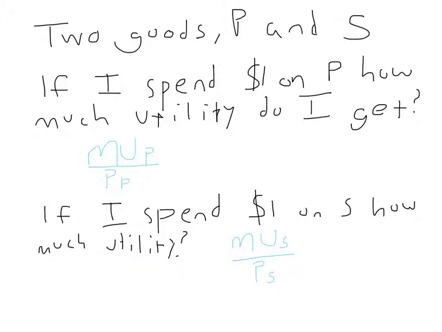So we have two expressions now: one for the value of spending $1 on pizza, that's the marginal utility of pizza divided by the price, and another for the value of spending $1 on soda, the marginal utility of soda divided by its price. You might want to pause at this point and go over the logic of these two in your head, because there are going to be a lot of steps in deriving our rule, and it's not all going to click the first time. No matter how smart you are, it will take a few passes to get things to click, probably sometime after class is over and you're doing practice problems.